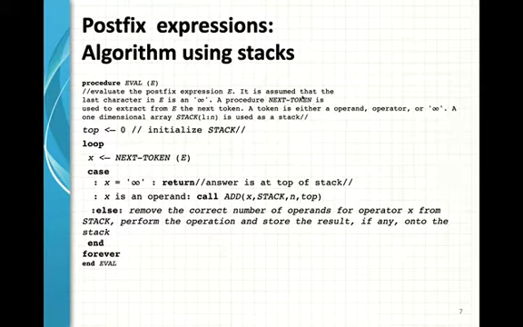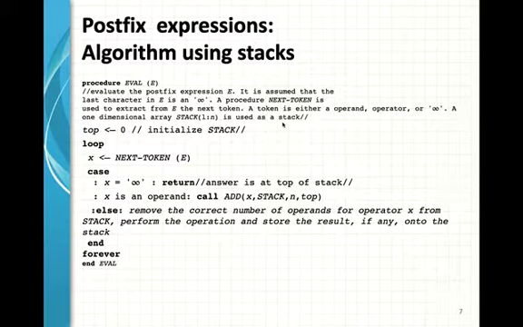So next token is some kind of function which extracts the next token from this expression E. A token is either an operand, or an operator, or infinity. A one-dimensional array stack, 1 to n, that is the first position is considered as 1 and the last position is considered as n, is used as a stack.